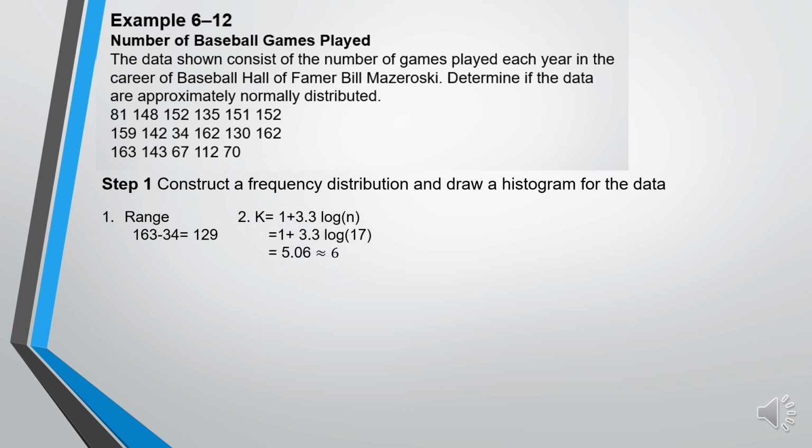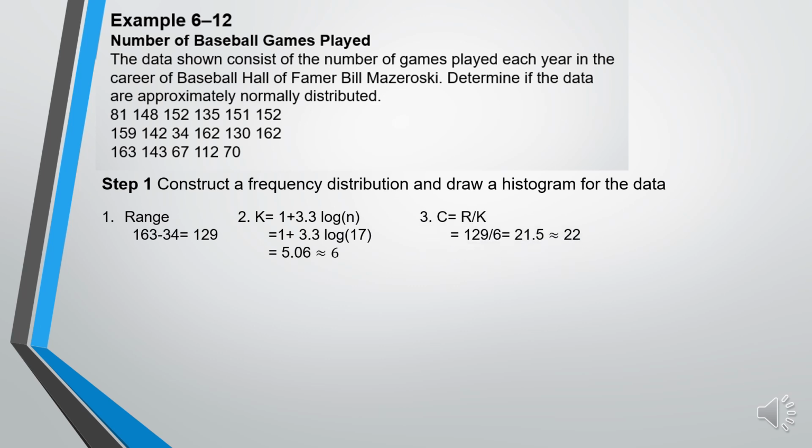Next is to find k, where k is the number of classes. So 1 plus 3.3 log n, where n is the number of values in the dataset. 1 plus 3.3 log 17. If we use a calculator, it is equal to 5.06 or approximately 6.